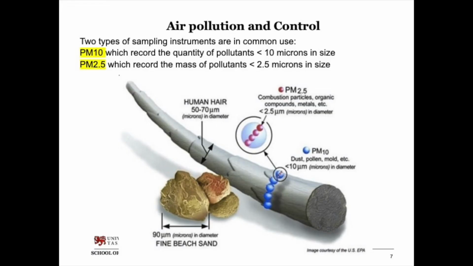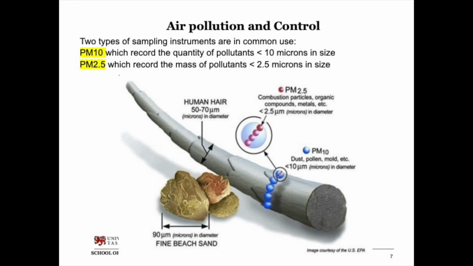To put things in perspective, there are some objects compared in size with a human hair. So sand, you can see, looks like a rock. What we call PM10, and I'll talk about that in a minute, is the quantity of pollutants which are less than 10 microns in size.